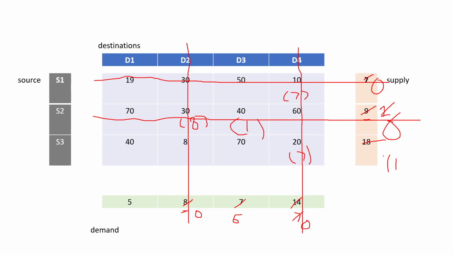Now the row will still not get cancelled, so we look for the next minimum element, which is 40.